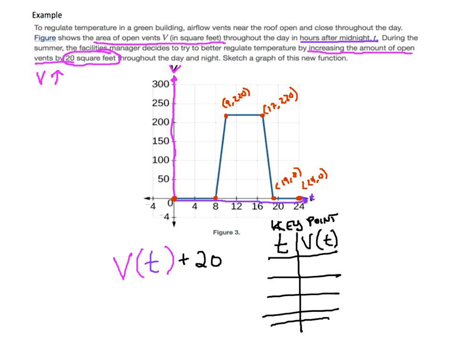So we have the key points: 0, 0, 8, 0, 9, 220, 17, 220, 19, 0. Goodness.